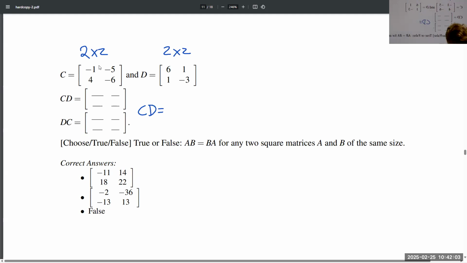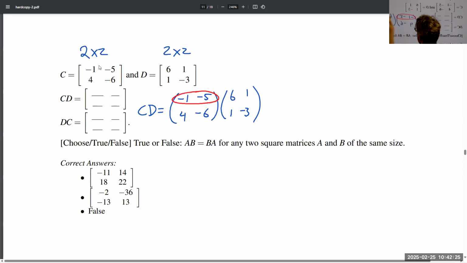CD, I'm going to write it down. -1, 4, -5, -6, 6, 1, 1, -3. It's row by column. So for that first row, first column entry, I'm going to multiply the first row by the first column and add it all up.